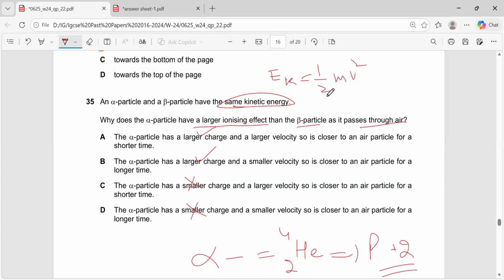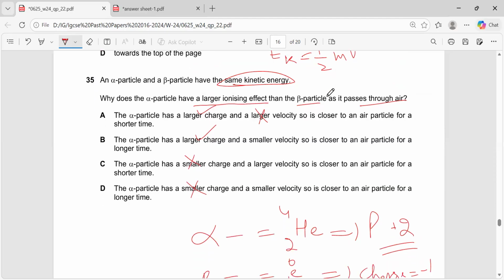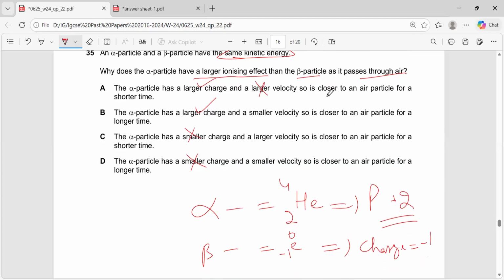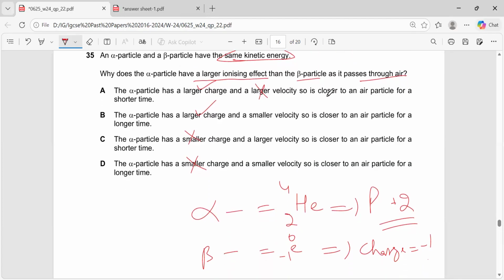Alpha particle has a larger charge and larger velocity. Wrong. Why wrong? Because it has larger charge and it is very massive, massive as compared to beta. It is believed in general that mass of alpha particle is greater than mass of beta particle by 7,000 times almost.